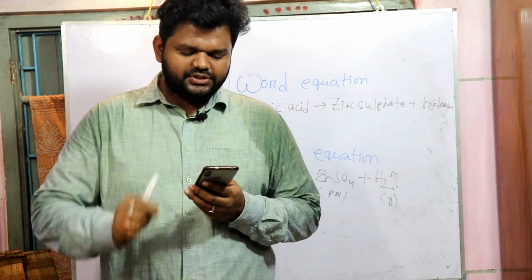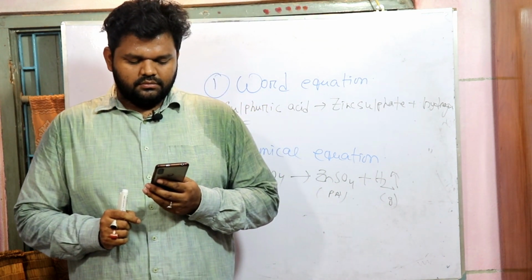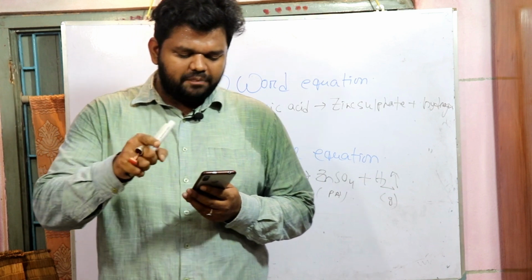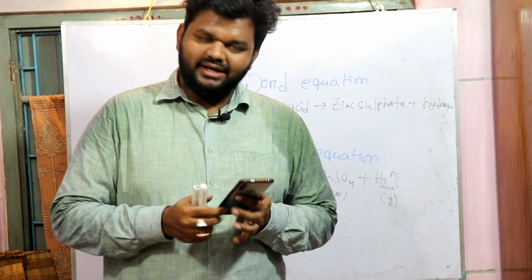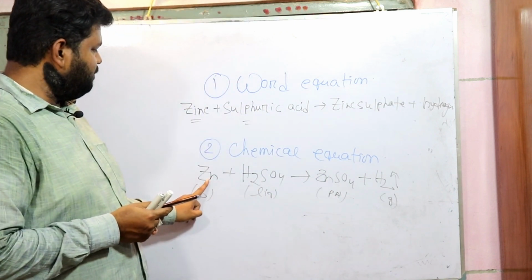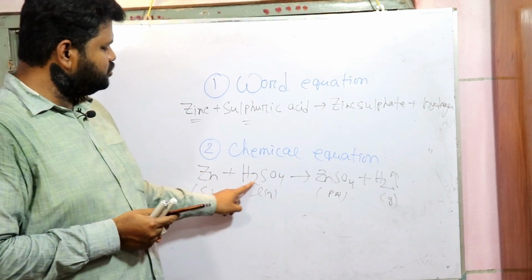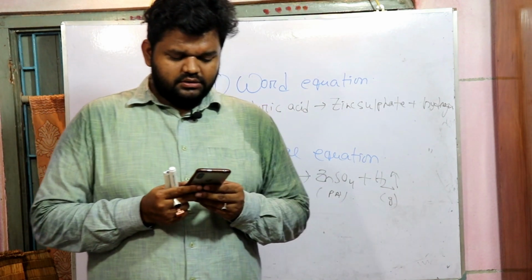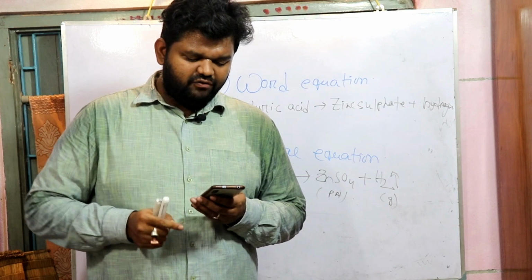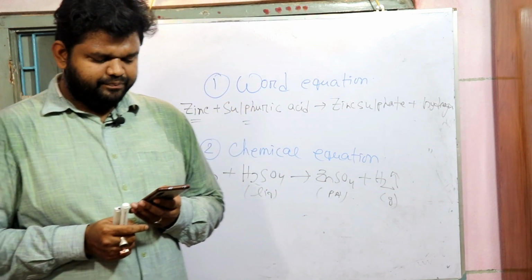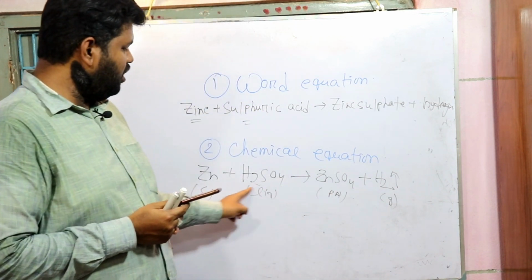It involves the use of symbols of elements. This is the symbol of zinc, the symbol of H2SO4. Elements or chemical formulas, that is the chemical formula of sulfuric acid.